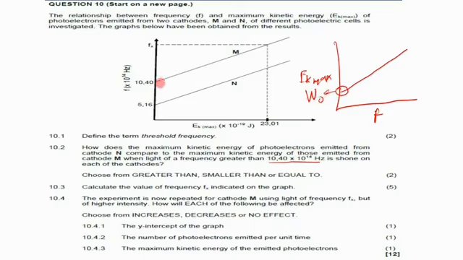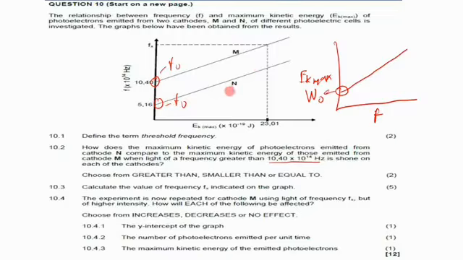But if they decide to inverse the graph, the y-intercept here is no longer giving us the work function, but it is giving us the threshold frequency, right? So now we are given the threshold frequency. That means answering this question, we have to refer to the threshold frequencies that we are given here.